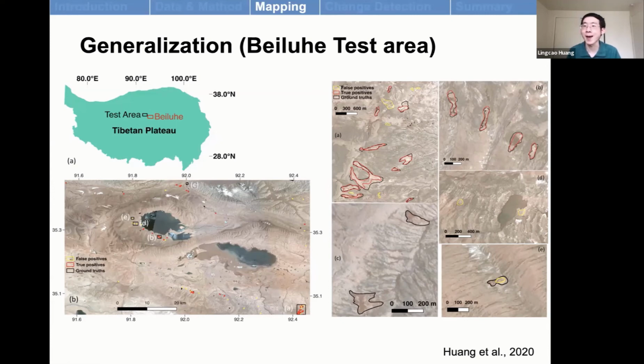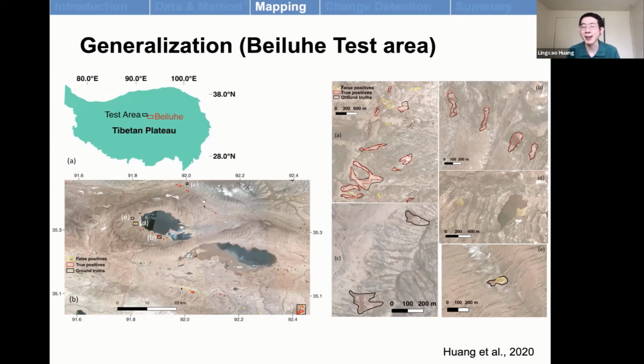The F1 score for this test area is about 0.65. It's relatively low, a little bit low, but it's still quite good. This proves that deep learning can work in another region, even when the training model never saw it before.